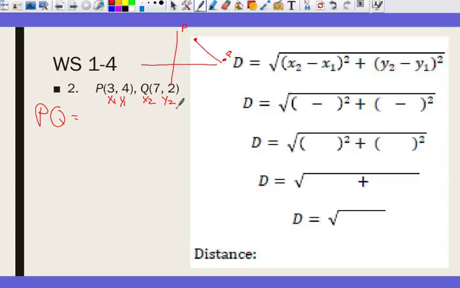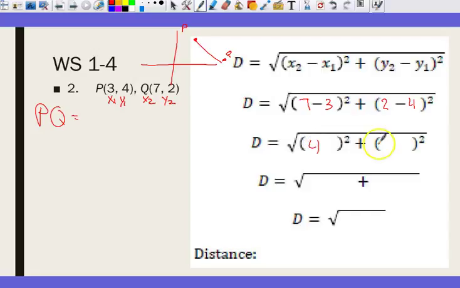What's our x2? 4. No, it's 7. x2 is 7. Minus, what's our x1? It's okay. What's our y2? 2. And what's our y1? 4. What's 7 minus 3? 4.